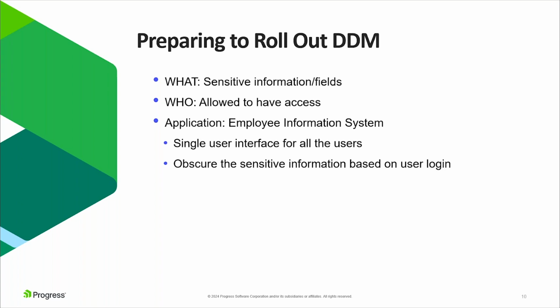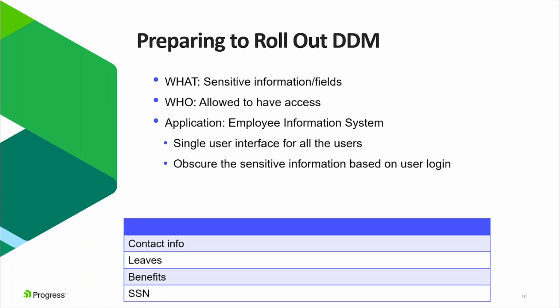So we want to implement this application where we have a common interface and information is masked based on the user login. First of all, let's see what information this application shows to the user and identify what is the sensitive information in that.